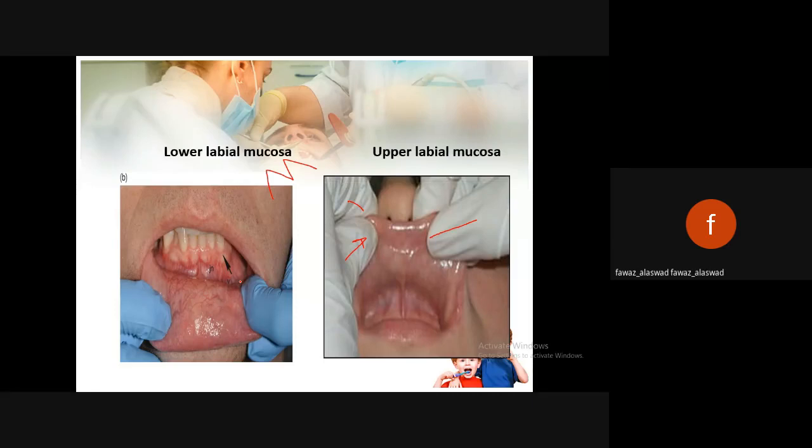Sometimes minor salivary glands are present in this area, and sometimes we need a biopsy if we suspect, for example, Sjogren syndrome. We take a biopsy from the lower lip, and sometimes we can demonstrate the sclerotic minor salivary gland, even though Fordyce granules may be present.